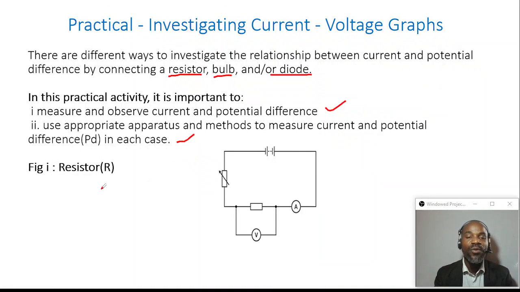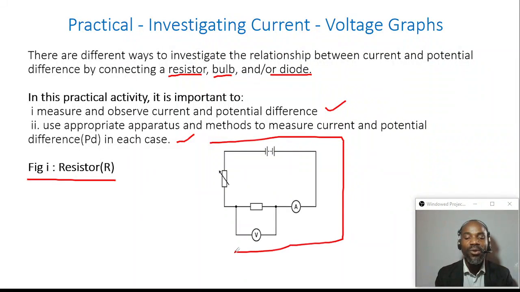Then the first thing we are going to use to carry out this practical is a resistor. This is a schematic diagram that represents how this whole arrangement will be done, how the experiment will be done. So we are going to connect a resistor. Look at it, this is the resistor. We are going to connect a variable resistor.